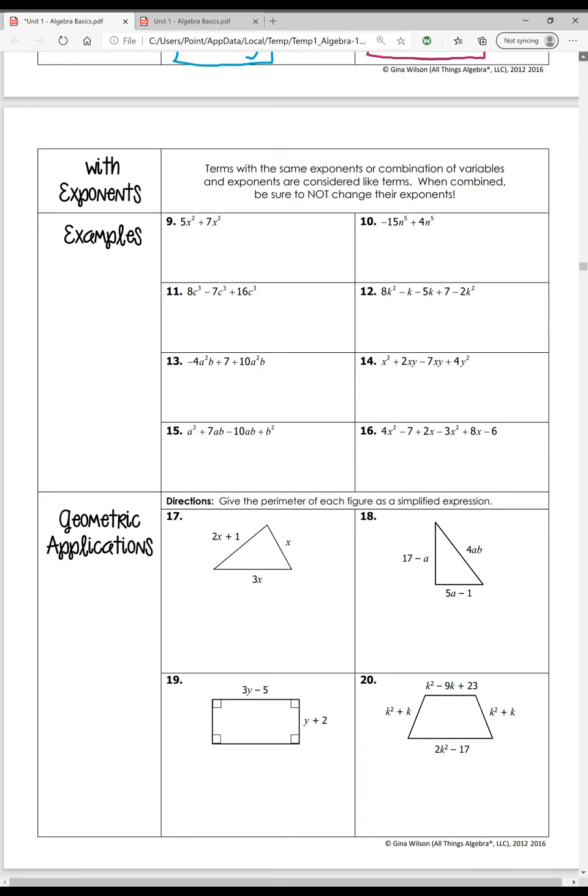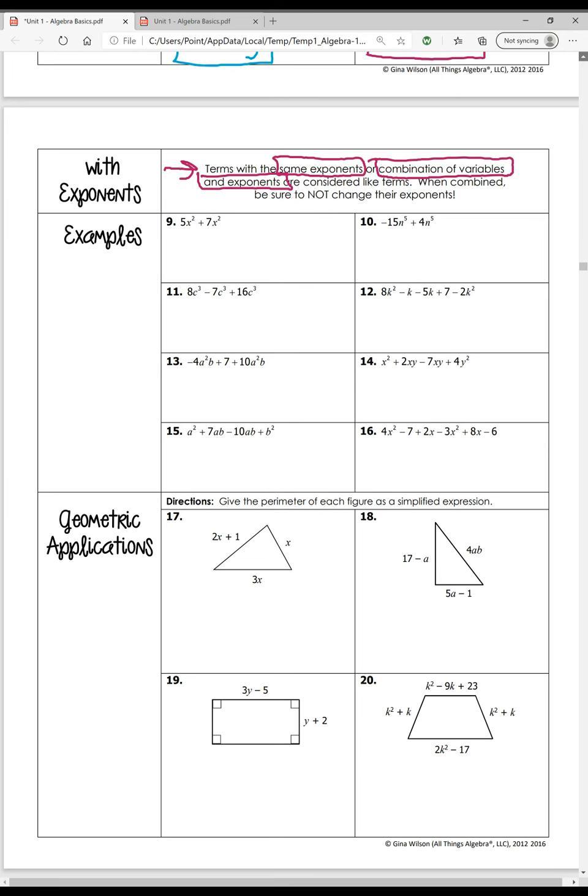Okay, let's finish up our lesson on combining like terms. Here we have some examples with exponents. Important to note that terms with the same exponents or the same combination of variables and exponents are considered like terms.